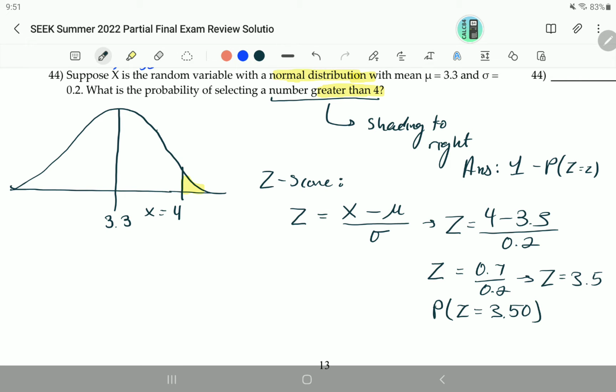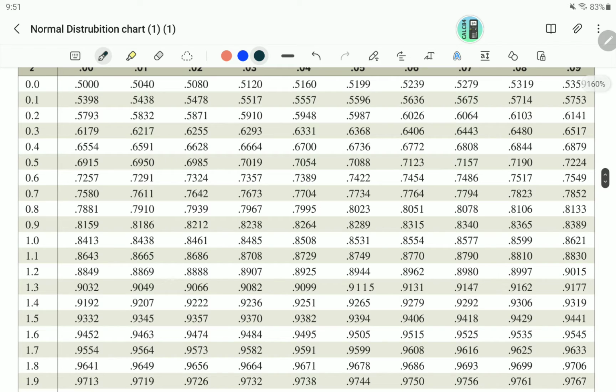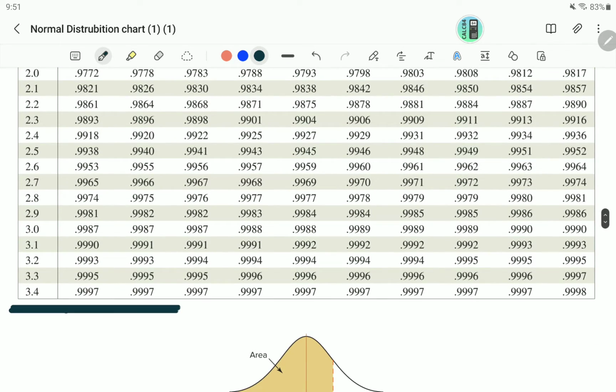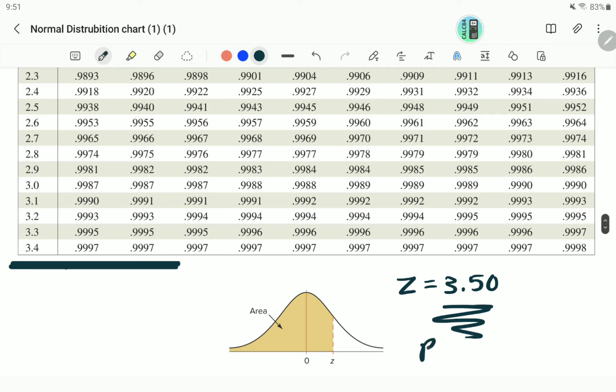We're going to go onto our z-score table. Okay, let's scroll down. Now, if you notice, there is no z equals 3.50 on this chart. So because we don't have z equals 3.50 here, I'm going to have to take the next best thing and find the probability that z equals 3.49.